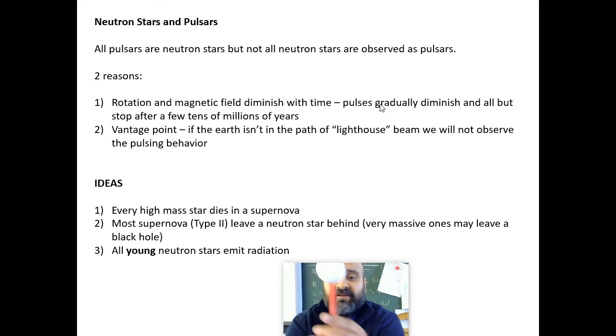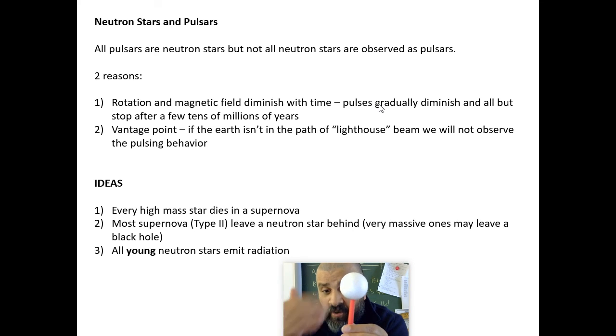They're spinning super fast, but over time they slow down. The spin slows and the magnetic field diminishes to a point where they almost stop after tens of millions of years, so they come to a standstill and you're no longer getting the pulsing.